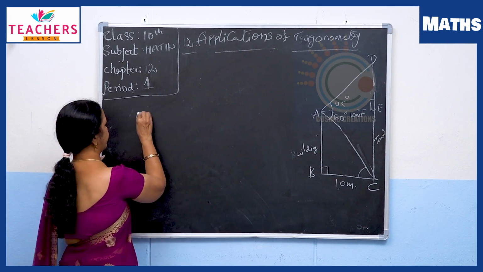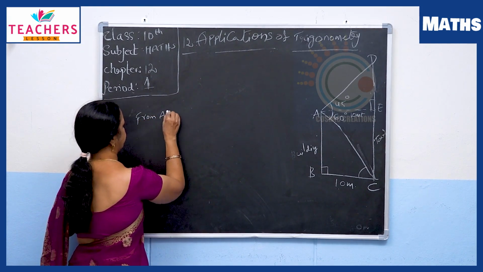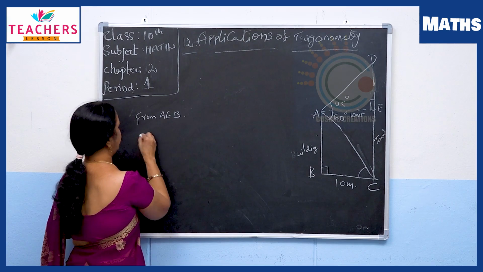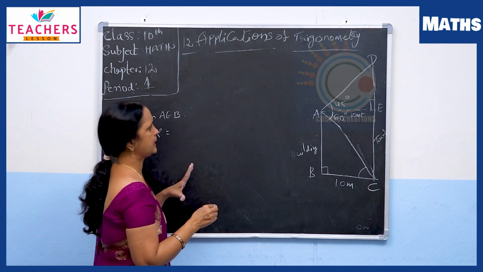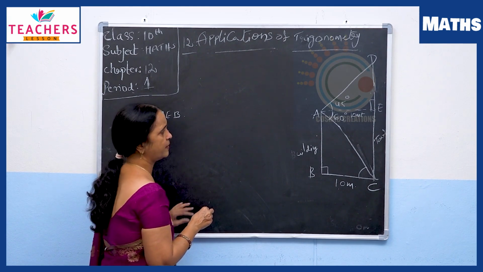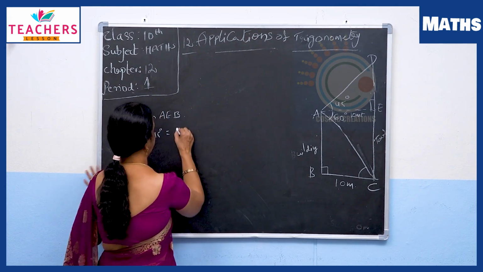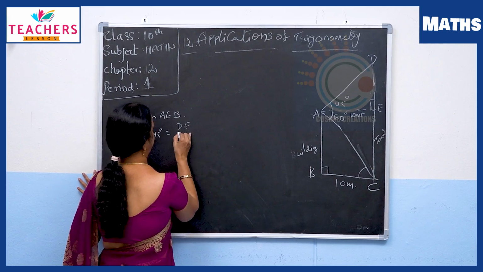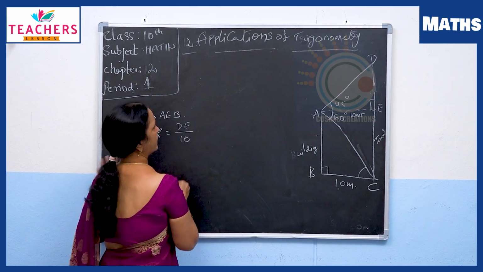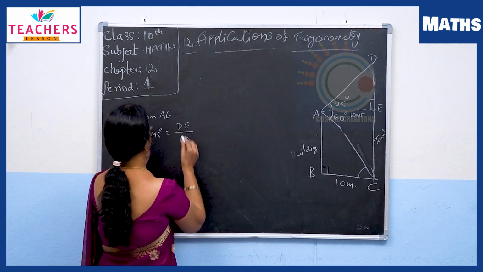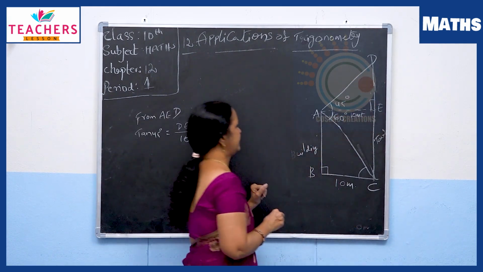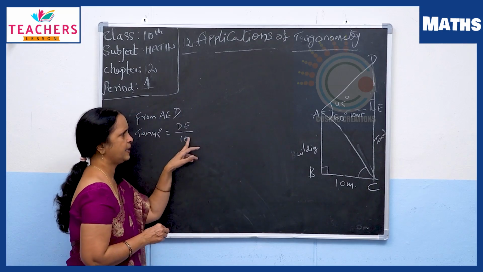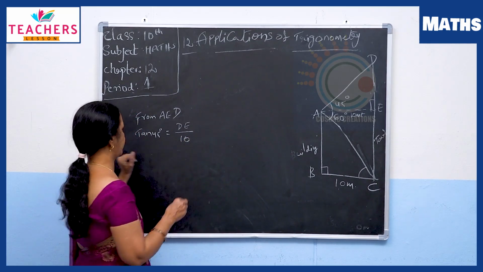From AED, tan 45 is equal to opposite DE by adjacent 10.